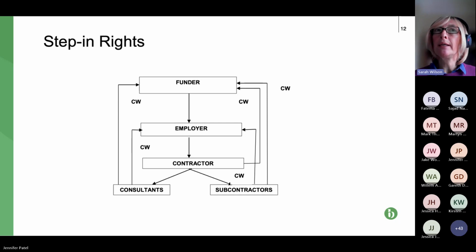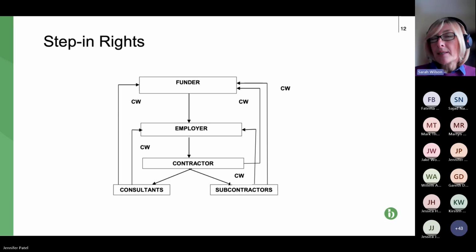Usually, and this is one you need to look out for, the commercial norm is that there's a clause that also states that the party who steps in takes on an obligation to pay any unpaid fees that are due to the subcontractor and the consultant, which is great news for the consultant and subcontractor.